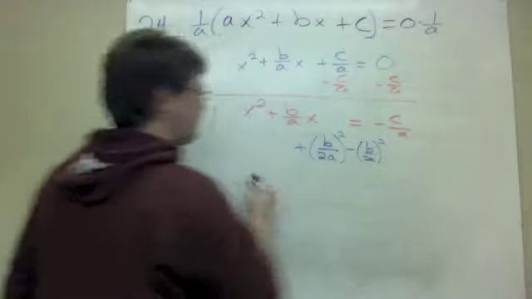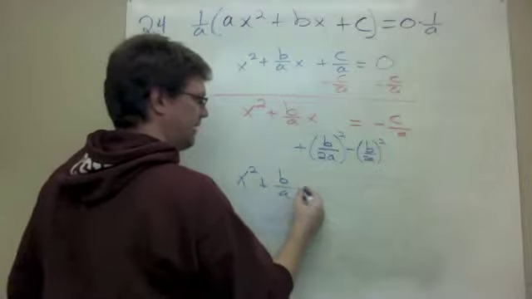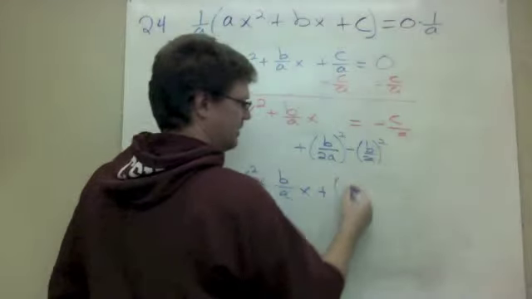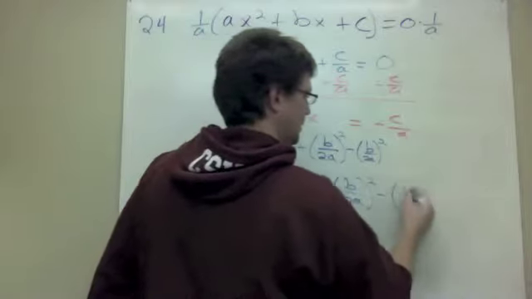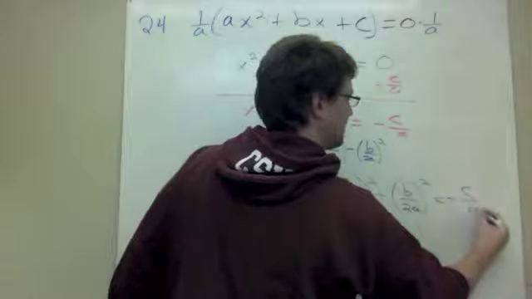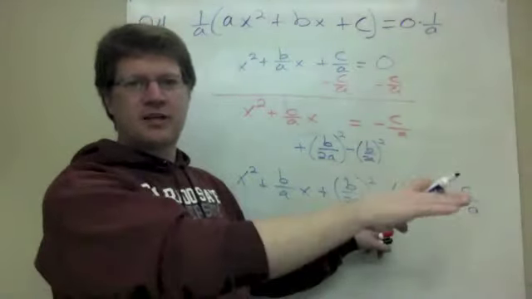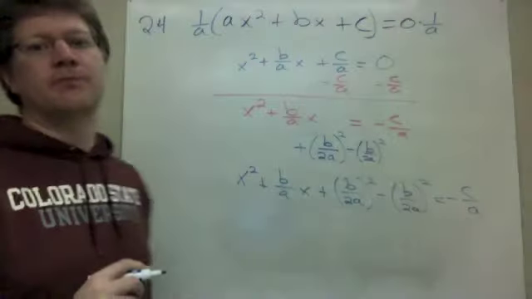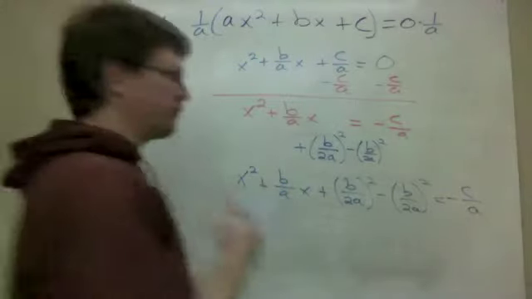Okay? Leaving us with x squared plus b over a x plus b over 2a squared minus b over 2a squared is equal to minus c over a. Okay, now if I add this over to the other side, I add this to both sides, I get a nice straightforward perfect square on the one side.